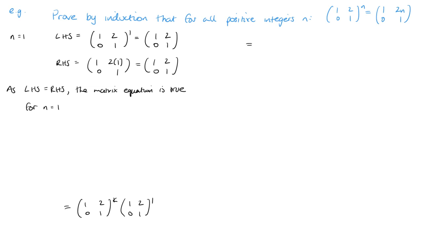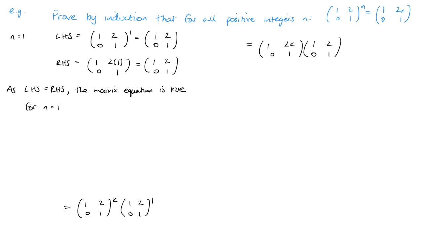So this is going to equal 1, 2k, 0, 1, multiplied by 1, 2, 0, 1. Okay, so we've replaced this using this assumption here with this. So we get this times this here.